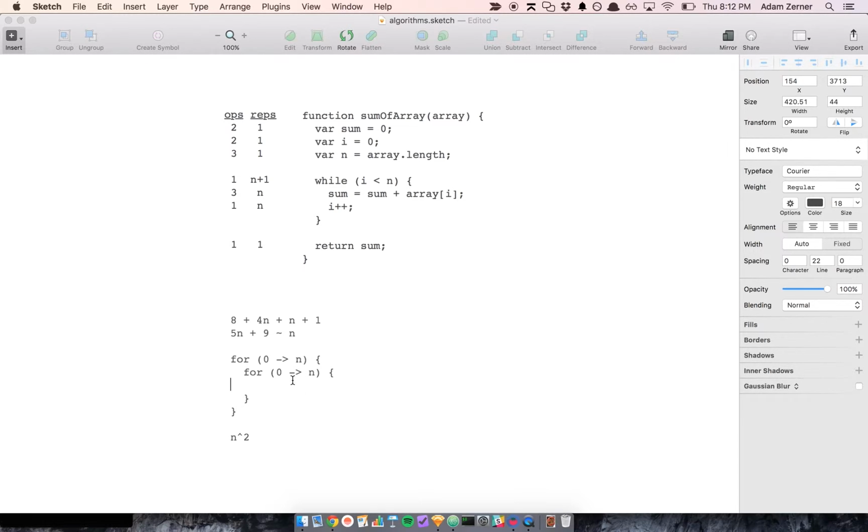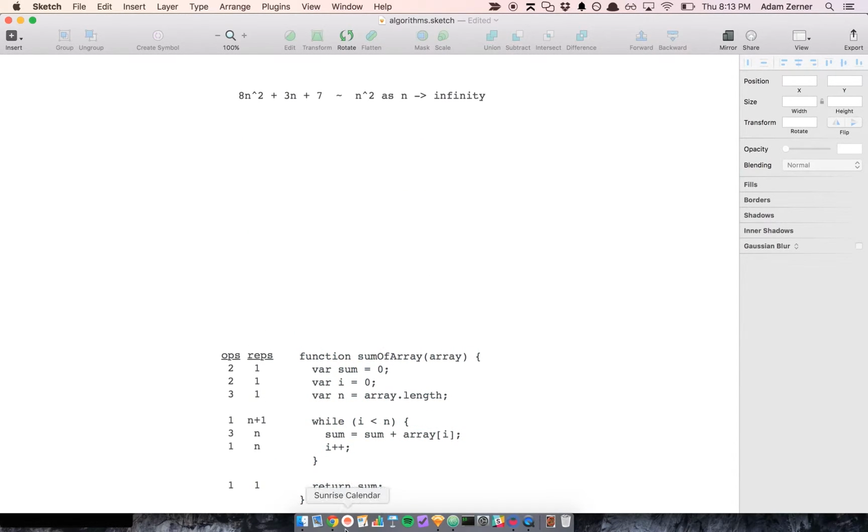And if there was another one inside here, it can be approximated by the function n cubed. I won't go through all the examples, but the idea is that since it's time consuming to go through everything, you can just focus on the highest order part of the algorithm and do an asymptotic analysis.